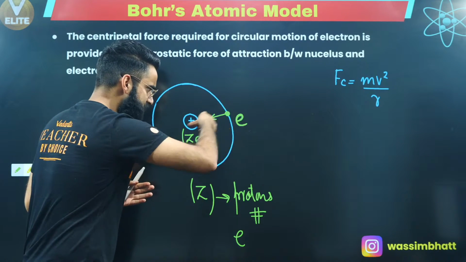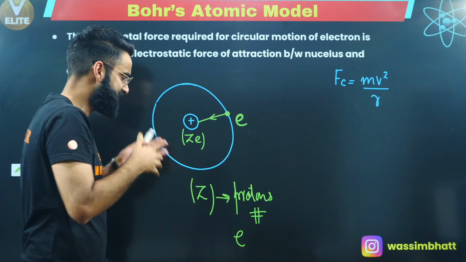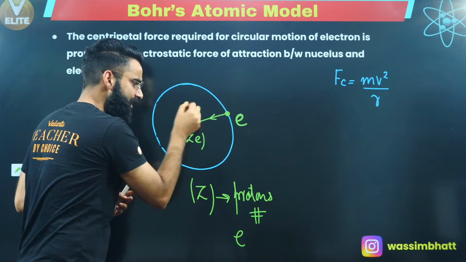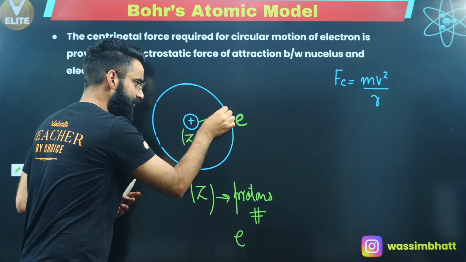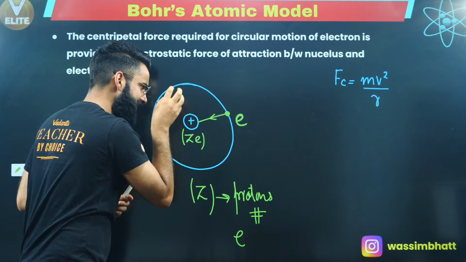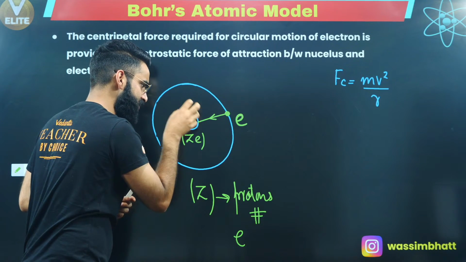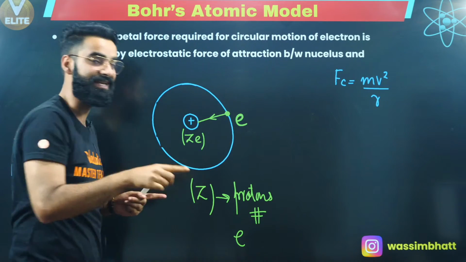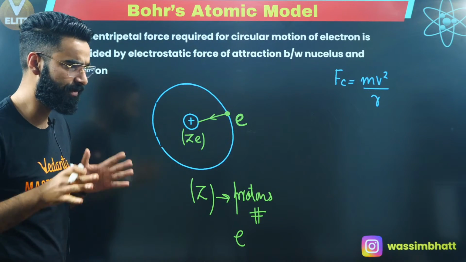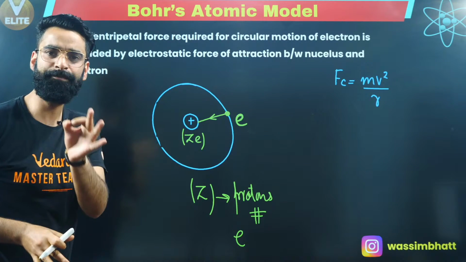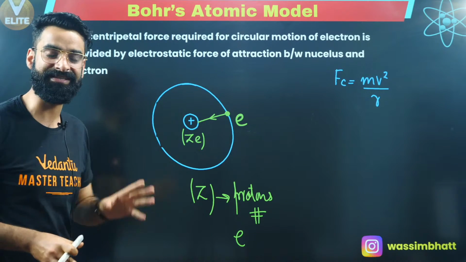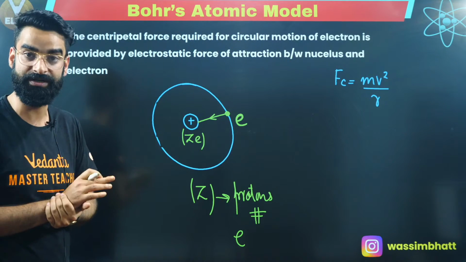And this electrostatic force of attraction, in simple words, means this nucleus is going to hold the electron towards it. This nucleus is not going to let go of this electron. This electrostatic force of attraction between the nucleus and the electron is basically the cause of centripetal force. We know that for any particle to move in a circular path, the particle must experience centripetal force, which will always be directed towards the center.